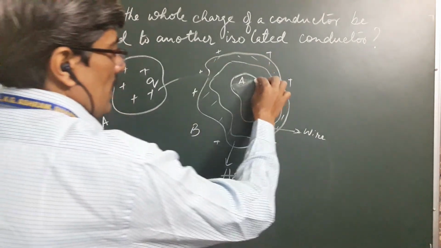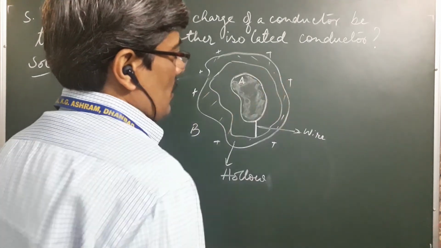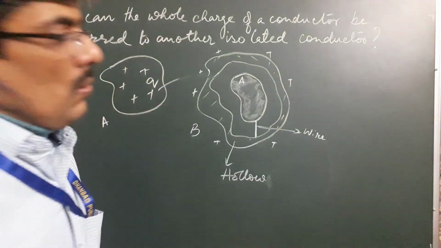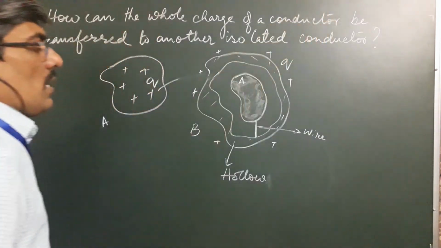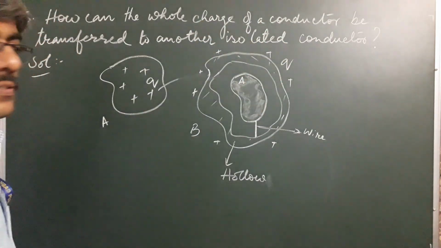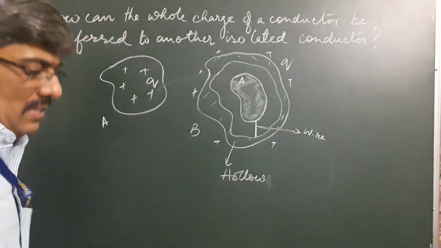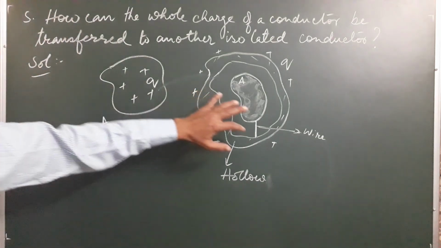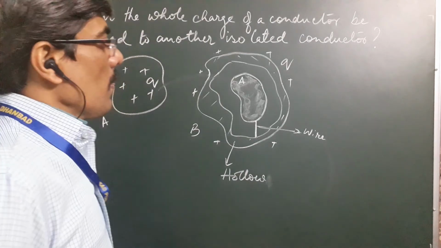Because now this entire system has become a single conductor, and as we know, when hollow conductors are given charges, the entire charge resides on the outer surface. So this is the trick how you can transfer the entire charge to another conductor without any loss.